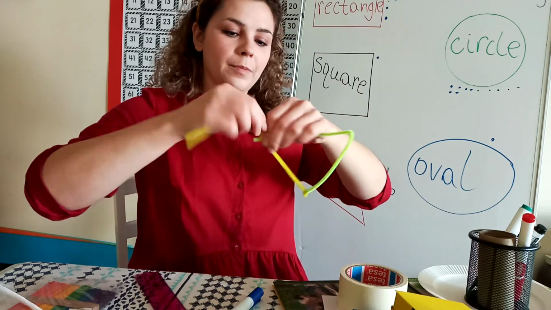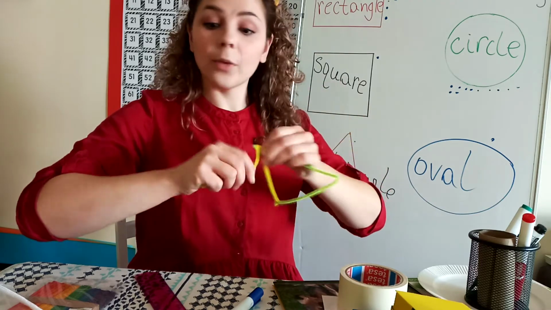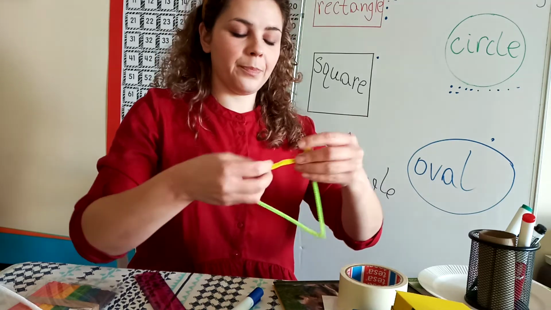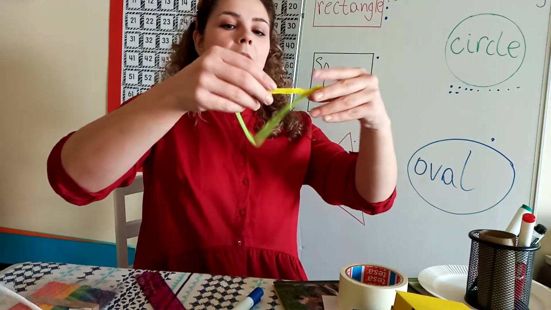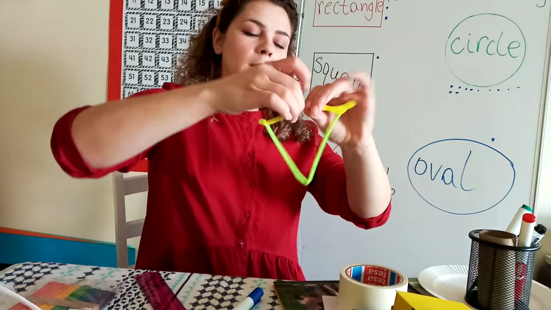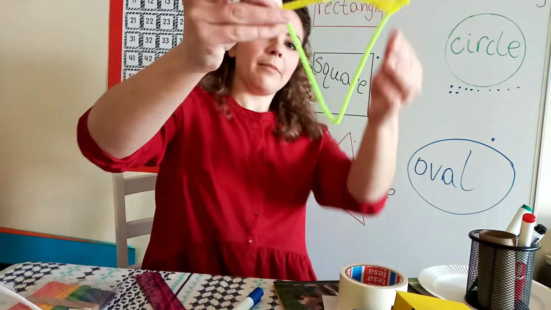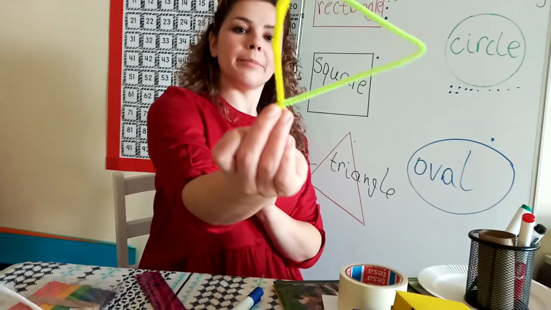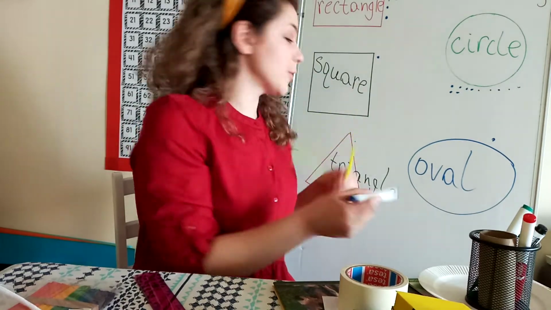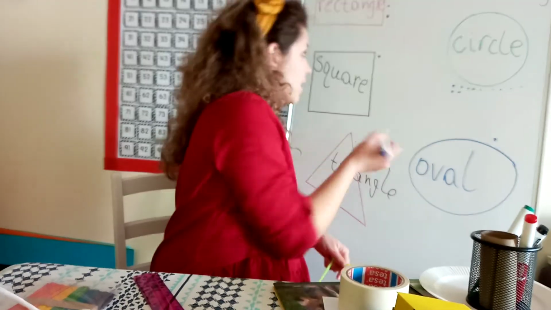And then here. Now, do I have scissors? I don't have scissors, so I'm going to roll this a few times. And there, guys, I made a triangle. Yeah, not perfect, but it's a triangle. Okay, so if you shape a pipe cleaner into a shape of a triangle, you get yourself a triangle.